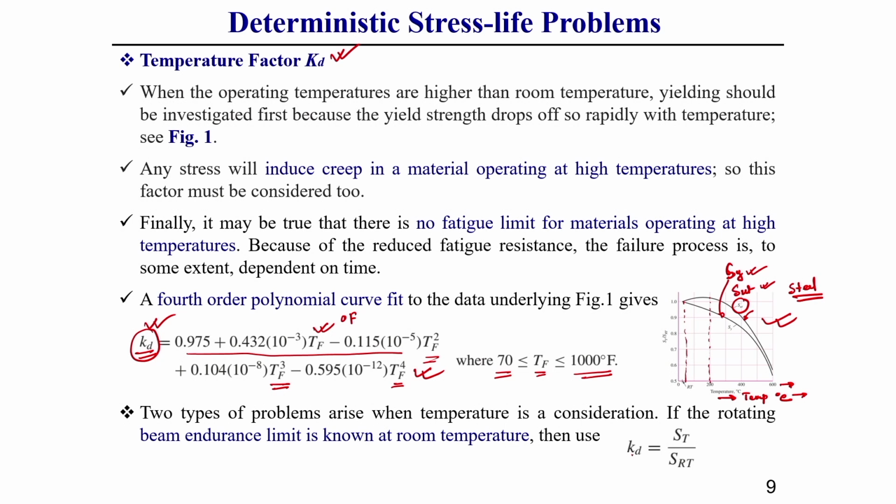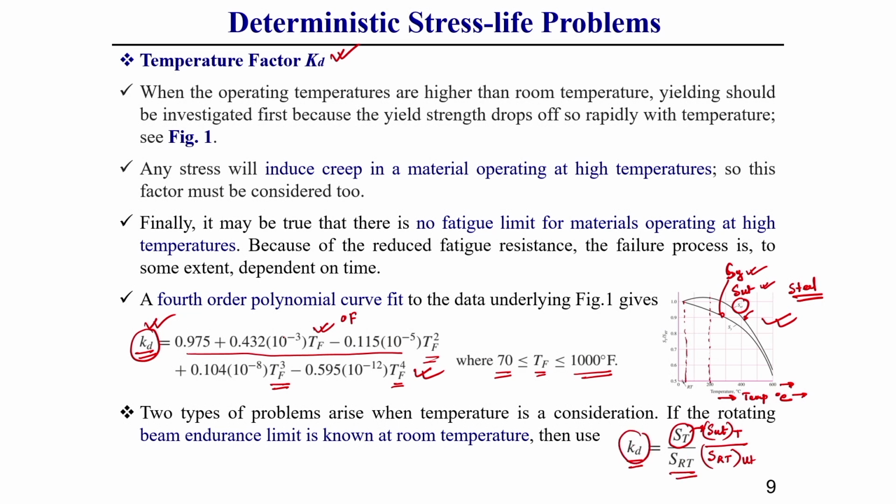Apart from these things, you can use another equation for finding the Kd value. At a particular temperature, if you know the ultimate strength at that temperature, divided by the room temperature ultimate strength, this ratio is generally called the Kd value.